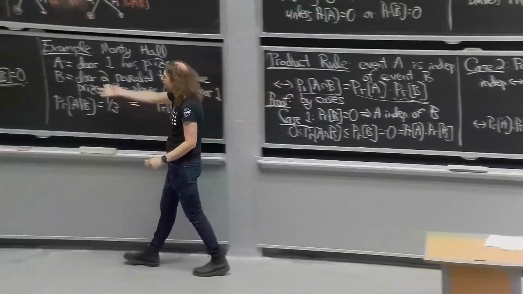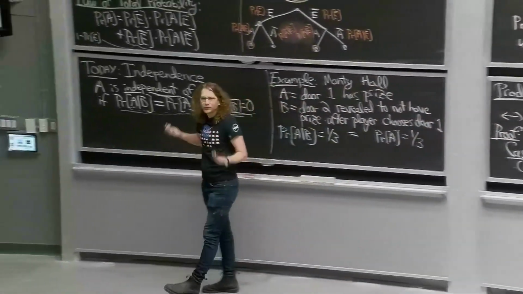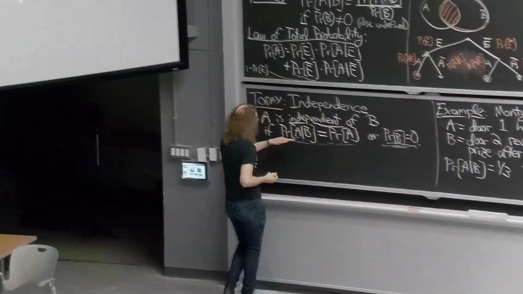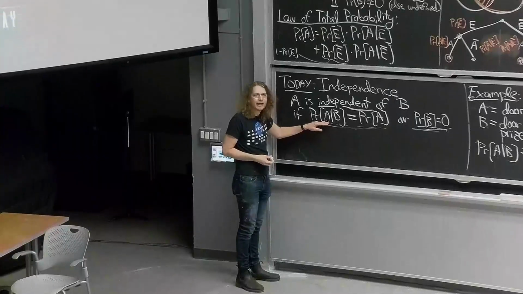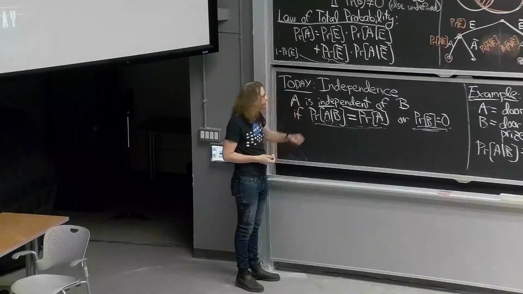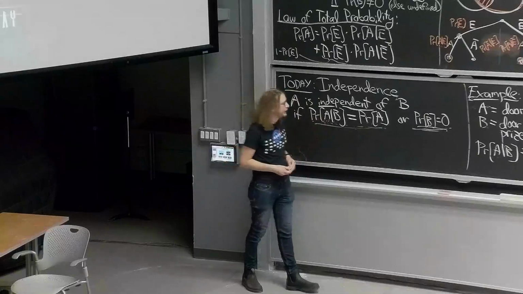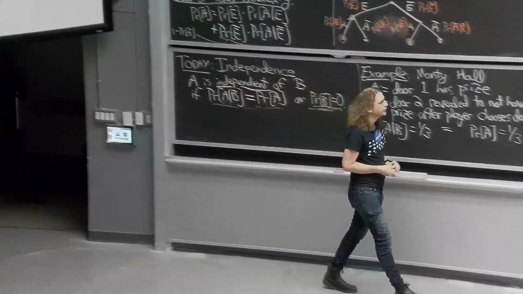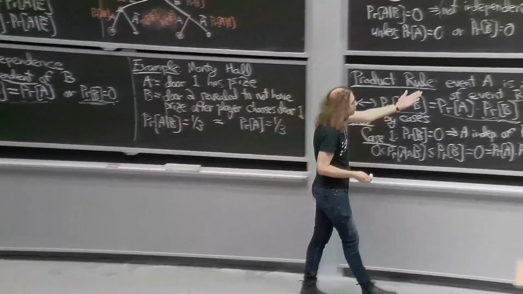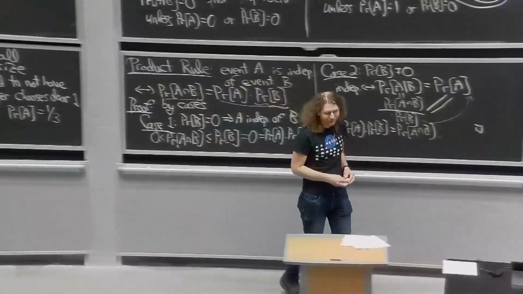This definition is not obviously symmetric, but now that you know these are interchangeable, if it's easier to compute probability of B given A, you can do that as well. You can check that probability of B given A equals probability of B. That's just as good as checking this one. Not obvious from that definition, but through this transformation, it becomes obvious.